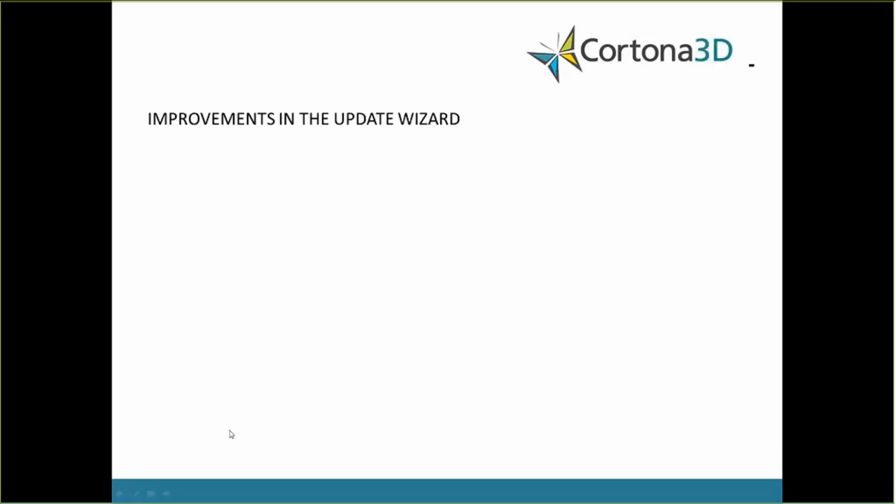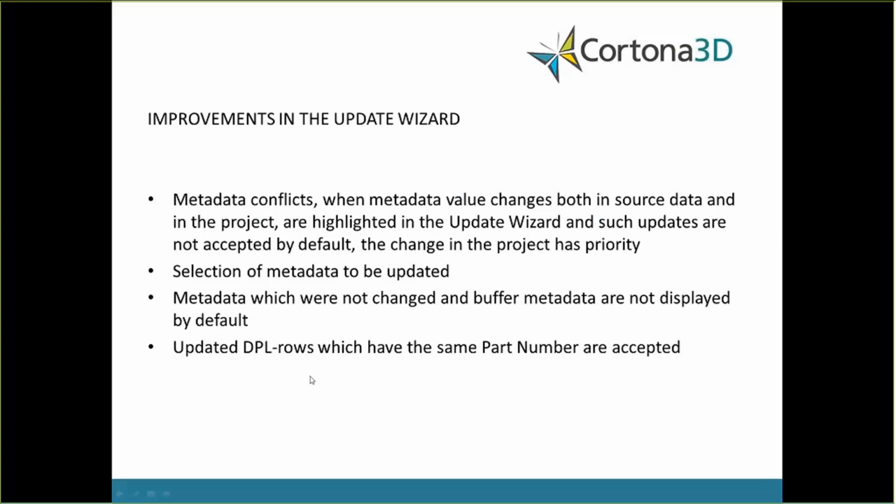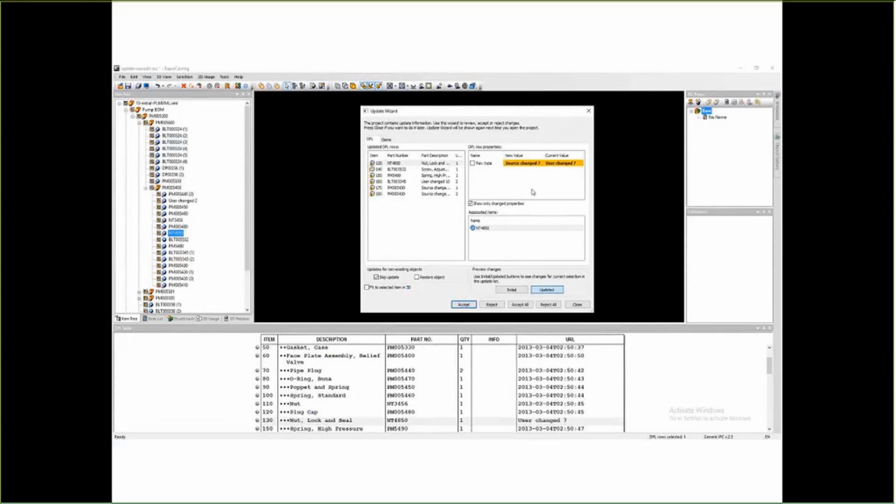The next block that we will talk about concerns the update wizard functionality. There were also quite a few changes in the logic of how the update wizard works. The major change is that previously there was a conflict when the author was working with the project and his changes got overwritten by the update that was coming for this project. So, having this in mind, these conflicts will now be highlighted to the author.